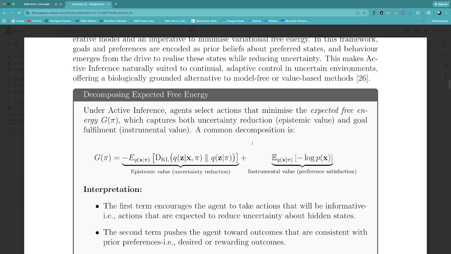The decomposition of this equation is where you have G pi, which equals two parts: the epistemic value, which has these conditional likelihoods under KL divergence, and that's additive with the instrumental value, which is this log probability and this conditional Q. So this is basically where you have a preference, you want to reduce your uncertainty, so you want to make sure that your beliefs align with what's going on in the environment, and then those are the things you're acting upon.